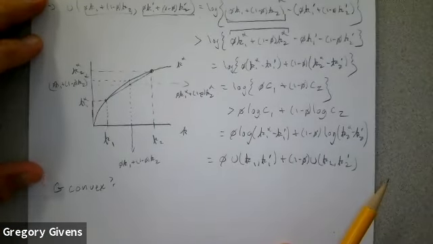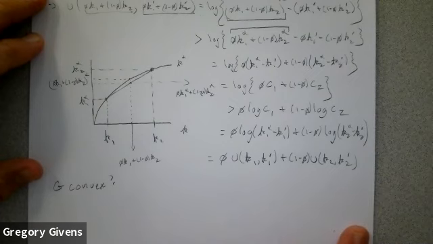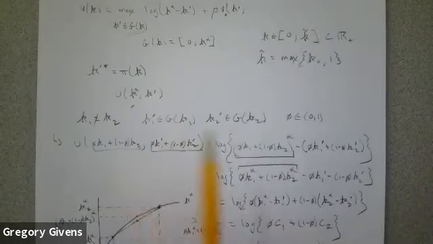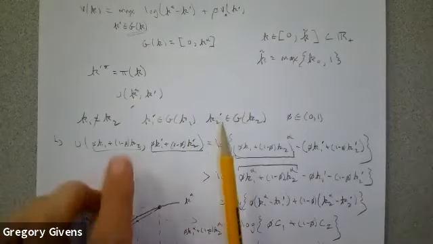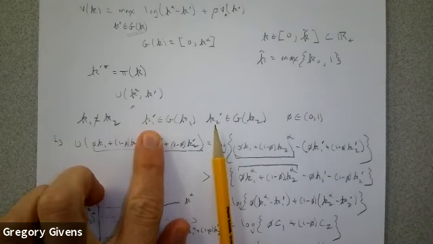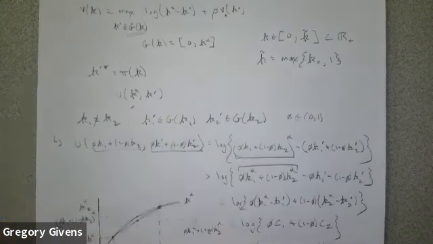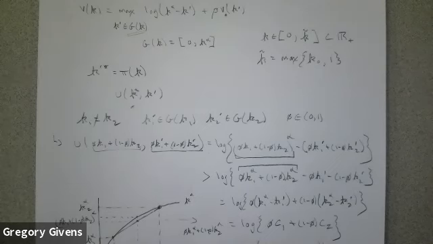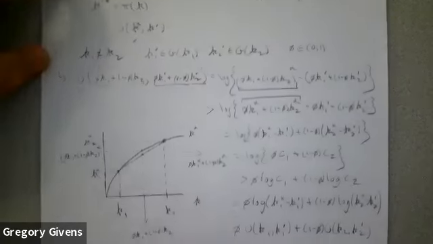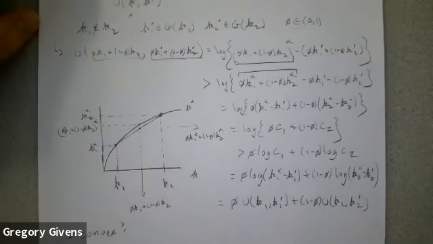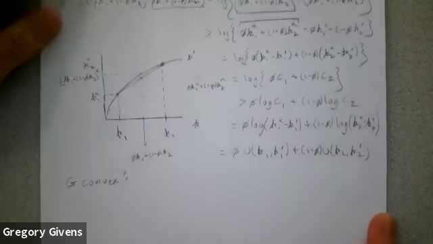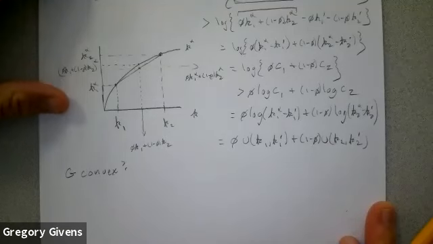Well, and remember how we prove convexity. If you take this linear combination of controls, K1 prime, K2 prime, that has to live inside of the constraint set defined by the linear combination of the two points, K1 and K2. All right, go back and take a look at the definition of what a convex set looks like. So how can we prove that?